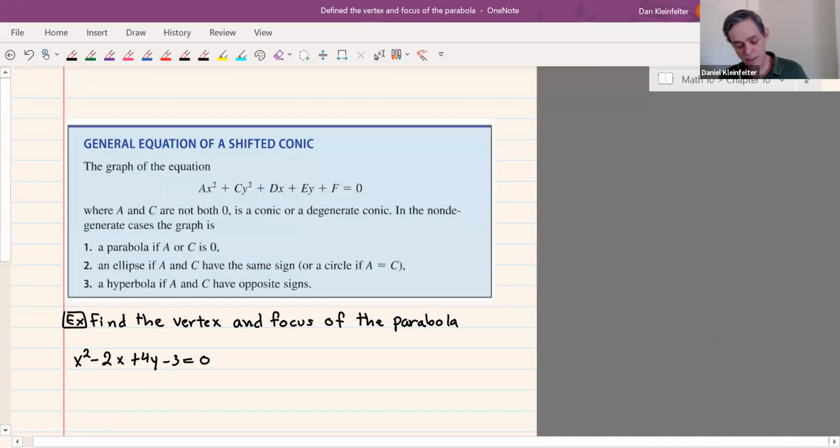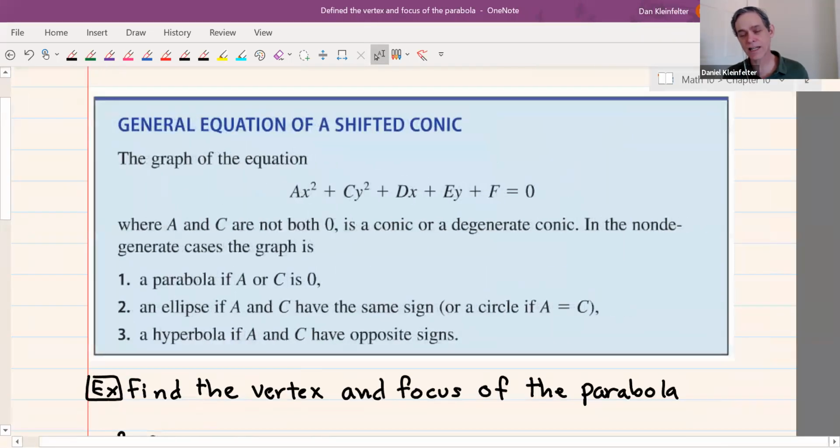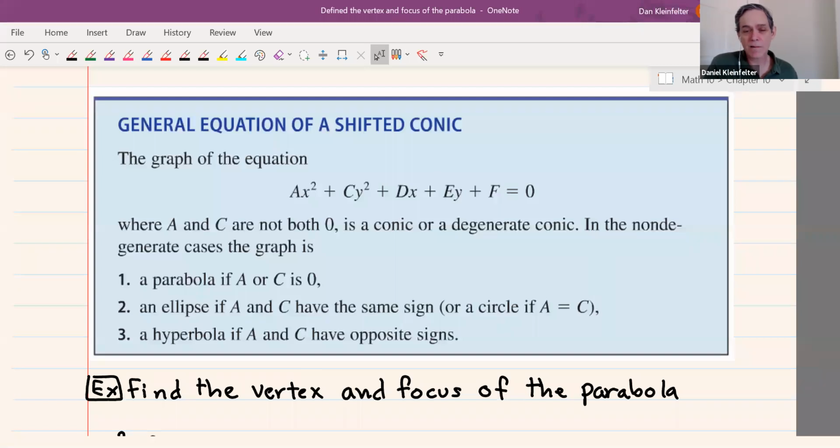It turns out that the general equation for any shifted conic looks like this: Ax squared plus Cy squared plus Dx plus Ey equals F, where A, C, D, E, and F are all constants. Depending on what those are, especially A and C, that dictates what kind of shape we have.